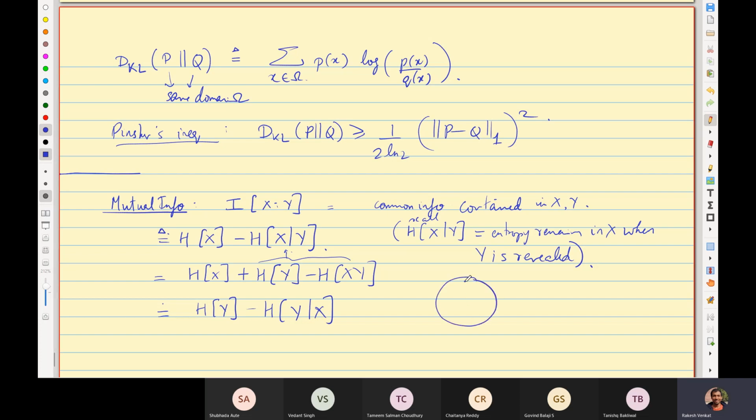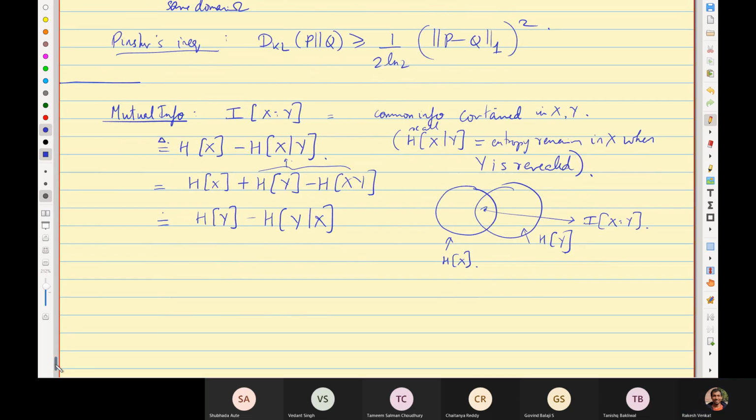But the following inaccurate picture or intuition is often used: suppose this denotes h of X, then denote h of Y, then this intersection is called I of X;Y. I don't like this picture because it leads to a lot of wrong concepts, but it might help when you're starting.